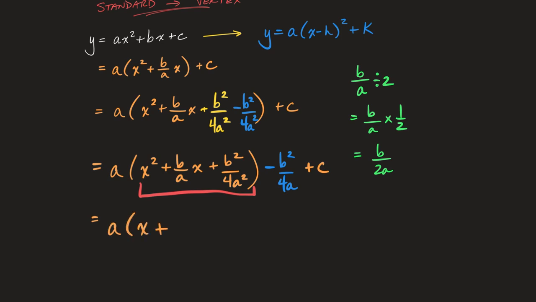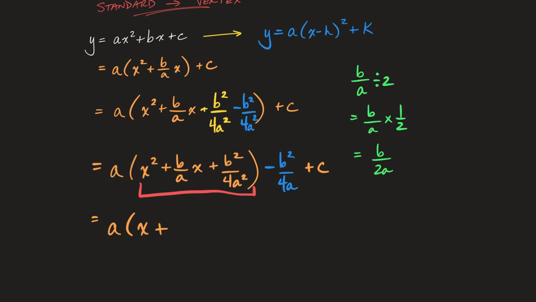Now, I think that part should be obvious. But this is the part where I'm going to kind of poke fun a little bit. If you're looking at that trinomial on the inside of the brackets and saying, hey, I need two numbers that multiply to give b squared over 4a squared and add to give b over a, then we've put the blinders back on and we're not thinking. Can I get you to look back over at the green on the right?